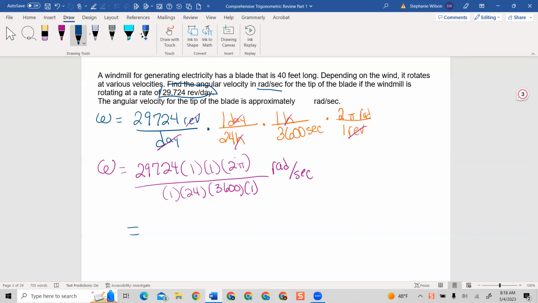It's not going to be exact, it's got a long decimal, so I'm going to say approximately this pi. Let's times that by pi and round to the nearest tenths. When I round to the nearest tenths, I get 2.2 radians per second.